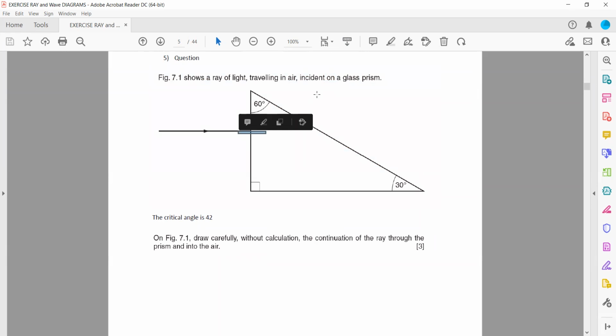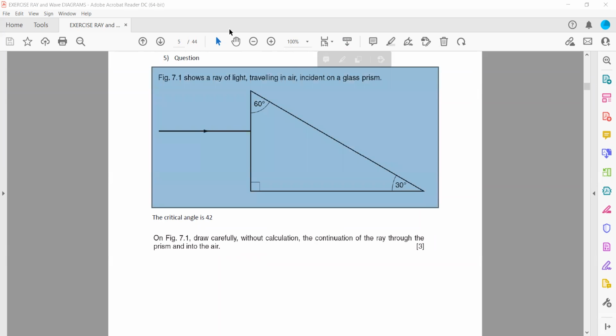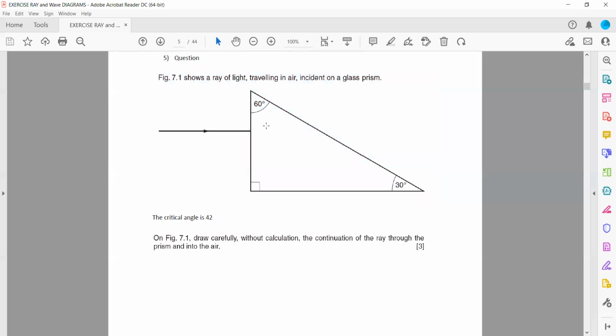So if the ray is passing along the normal, it will pass straight. When I draw this normal here, it is passing along the normal, so it should pass straight.